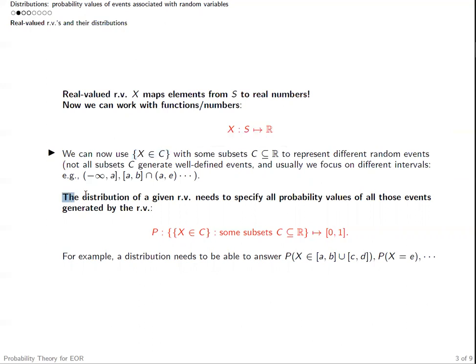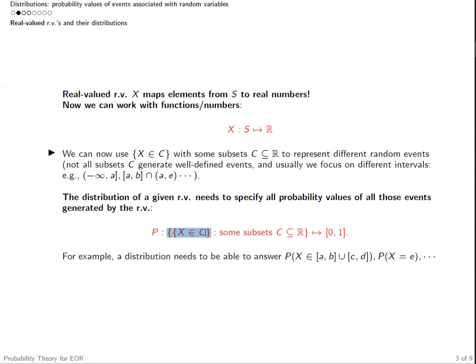Then the distribution of a given real-valued random variable needs to be able to specify all probability values of the events generated by the random variable X. So essentially, the distribution needs to be able to specify all probability values associated with such events.